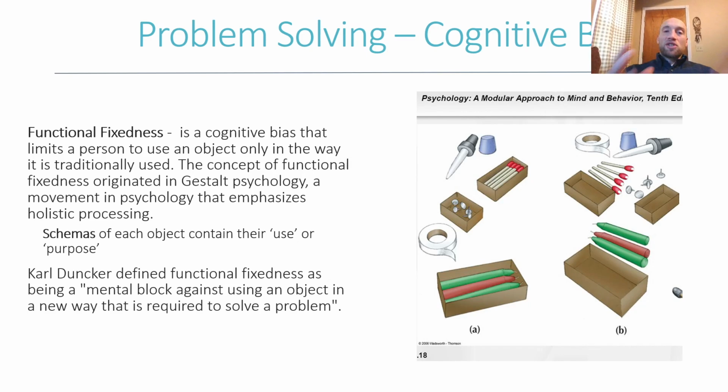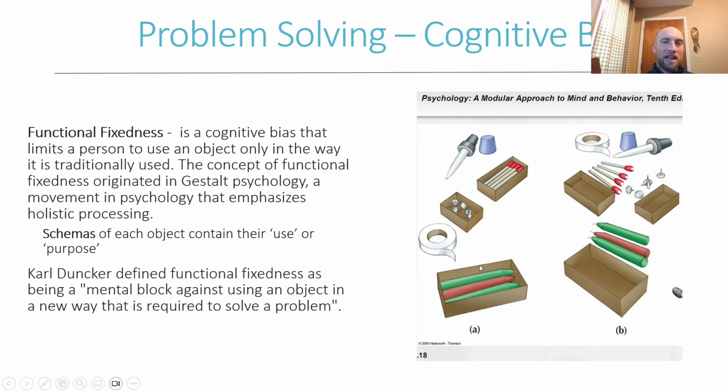We start using our schemas rather than thinking about the actual ways in which we approach this problem. What are the possible uses for these items? This is a little bit different of an example here, but by and large the same. I need to get the candle on the wall. How do I do that? Well, I just don't know. There's matches, there's tacks.